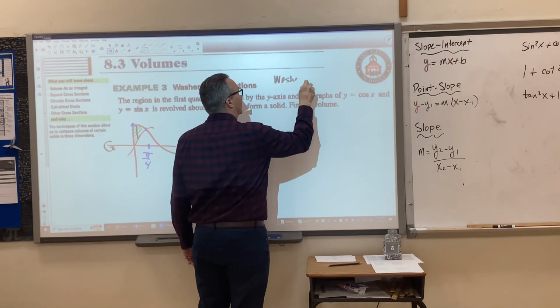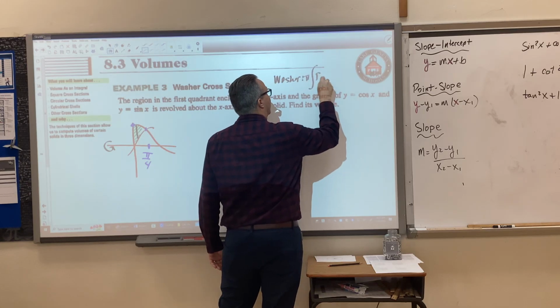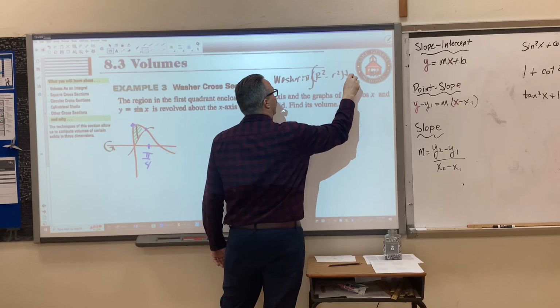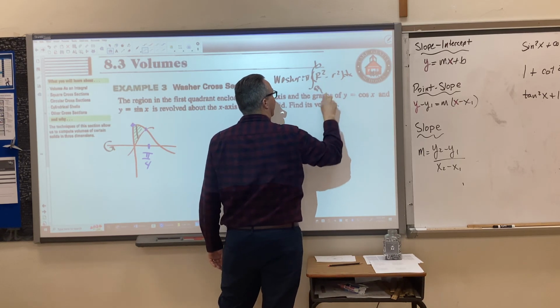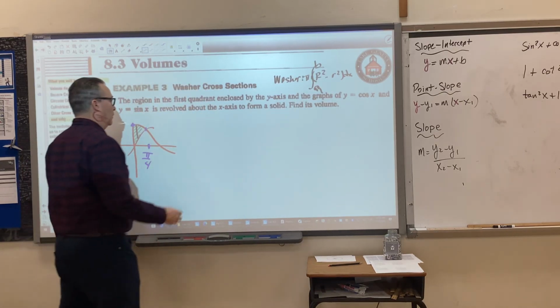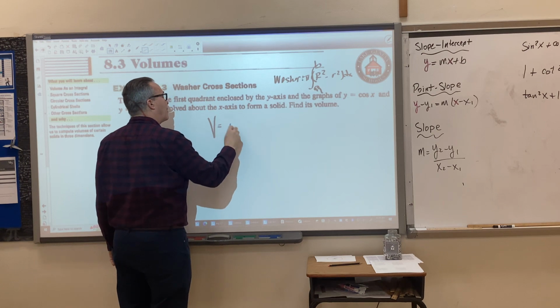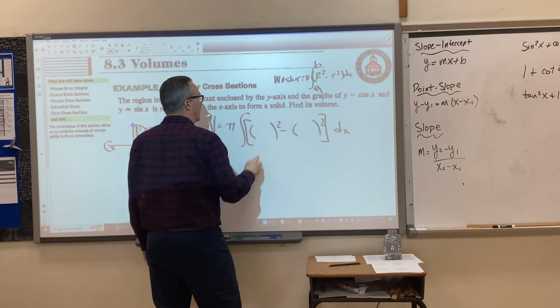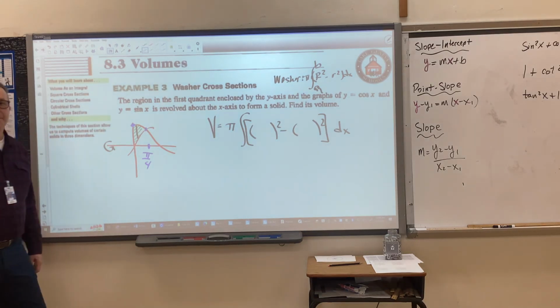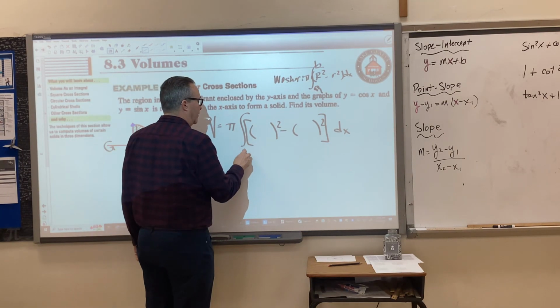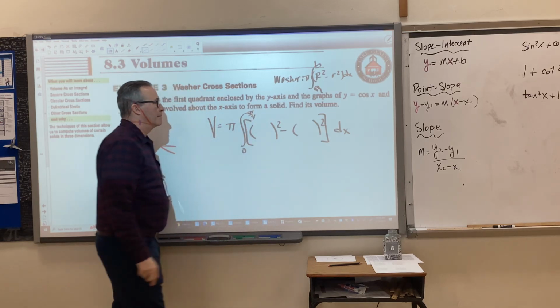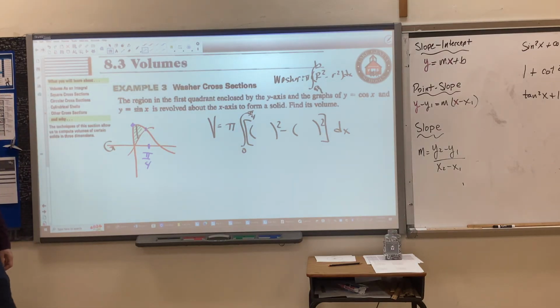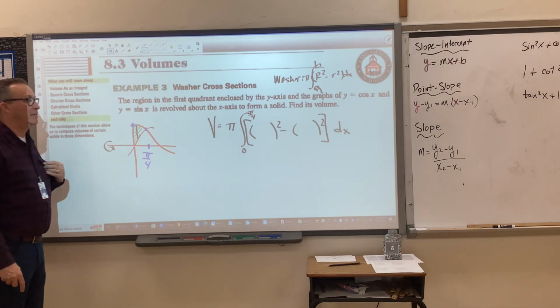is pi times the integral of big radius squared minus small radius squared. The interval is 0 to pi over 4. Big radius is cosine x.